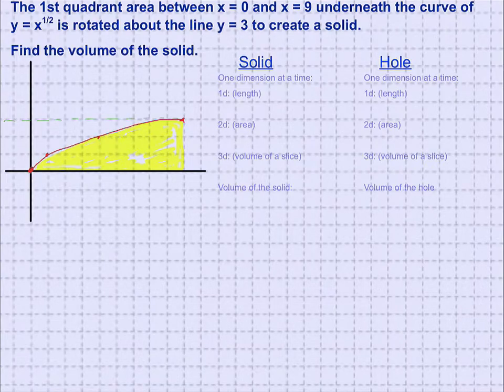What's slightly different about this is, maybe you can imagine it when you're seeing it, but if you take this area, and we'll just pick a random spot on here. We'll start with when x is 4. If you imagine rotating this around the line y equals 3, well, this point will be rotated in a circle around here.